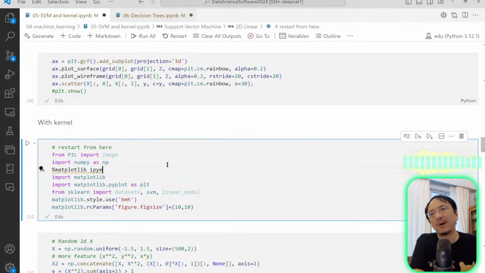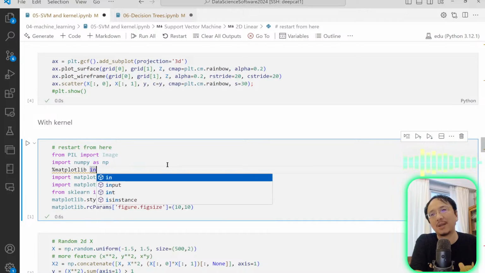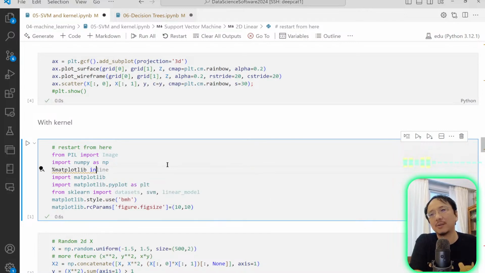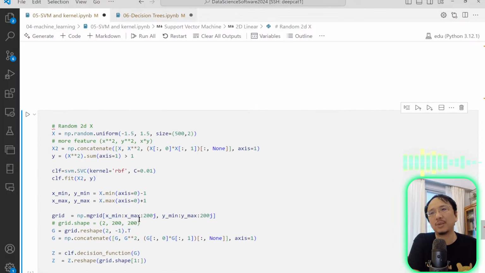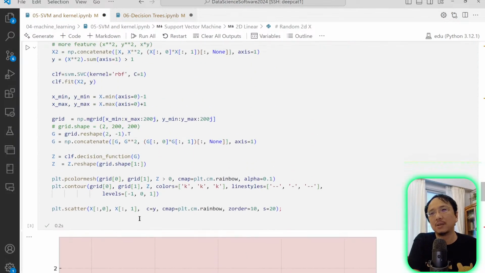The IPYML is only for the 3D plots so that I can interact with them, and it makes my experiment more difficult here.